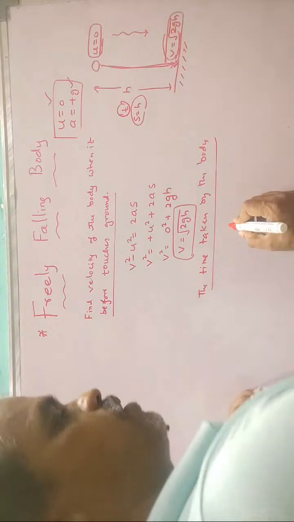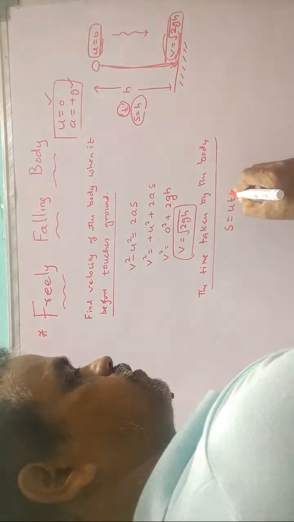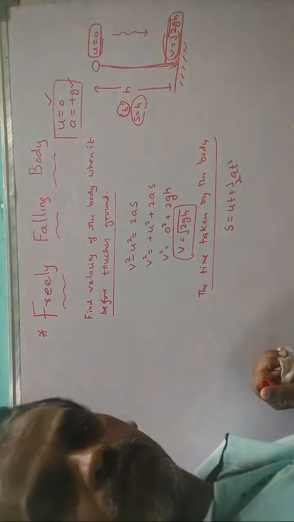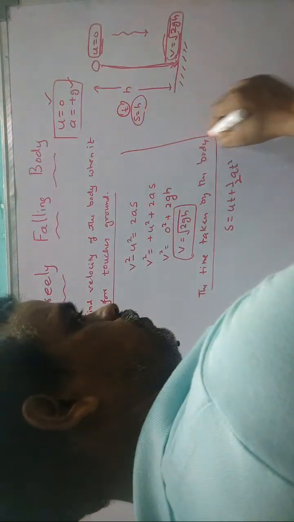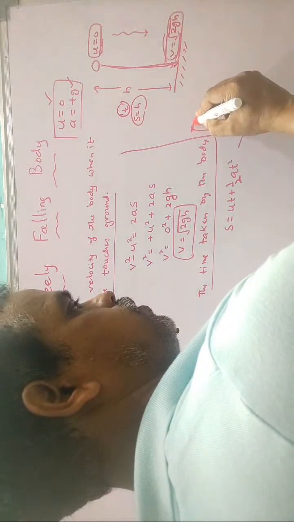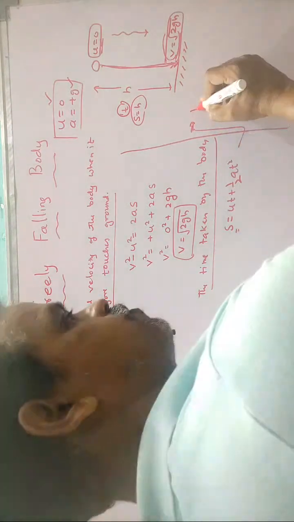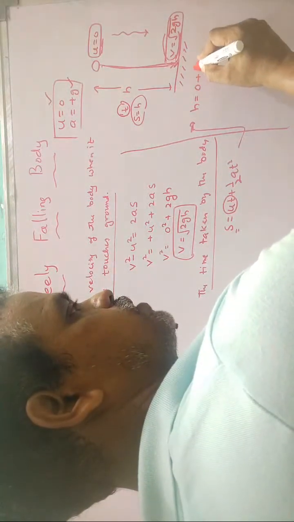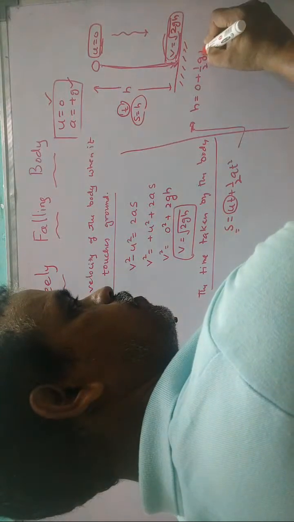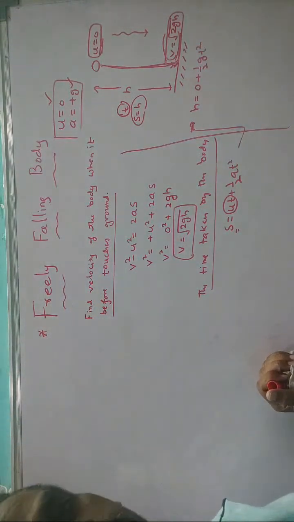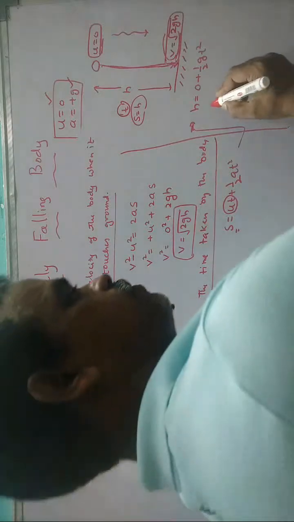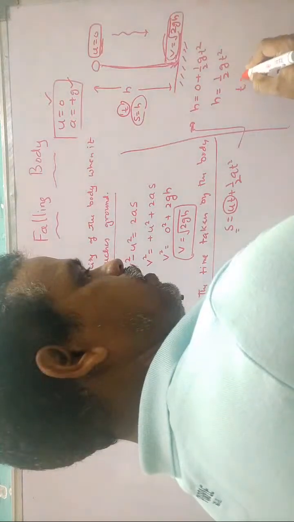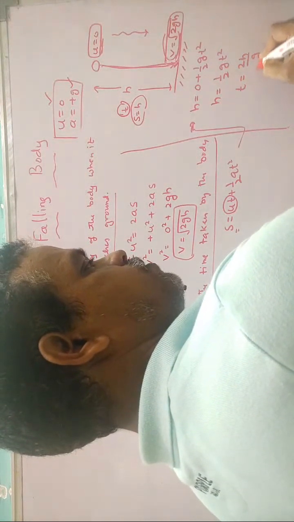We have the formula s equal to ut plus half at square. Here s equal to h, u equal to 0, so this term goes to 0, plus half gt square. h equal to half gt square, t equal to root of 2h by g.